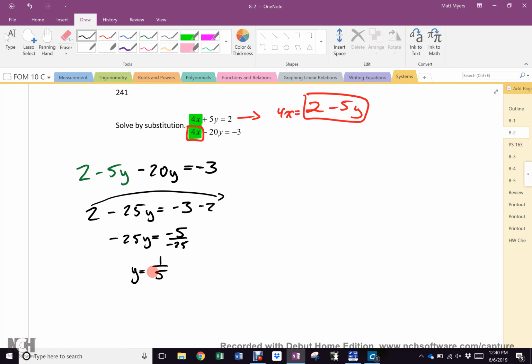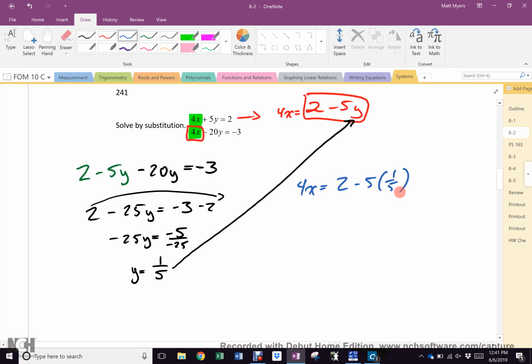Apply it to where? Anywhere I see a y. Where's the best spot to put it? The red one, because what's going to happen when 1/5 multiplies by 5? It's going to become 1, isn't it? The 5s are going to cancel. So I will get, now here's the trick here. Is this x equals this? It's 4x equals 2 minus 5 times 1/5.